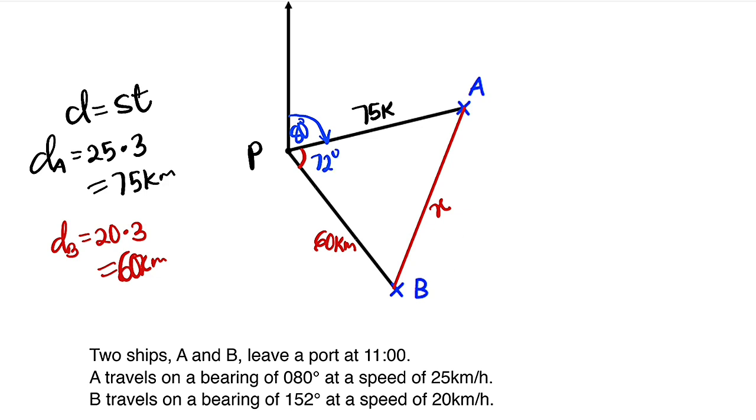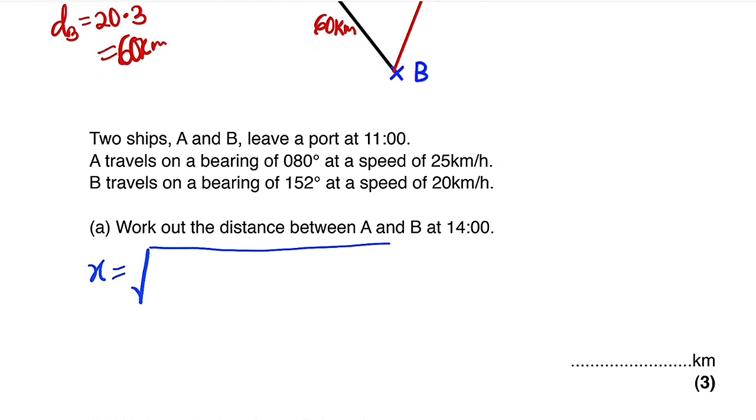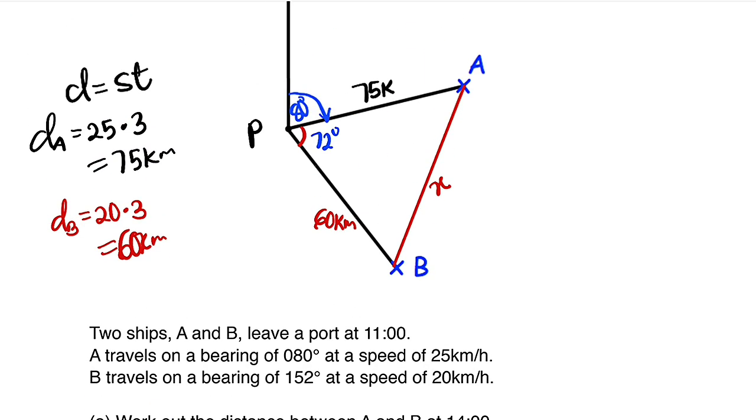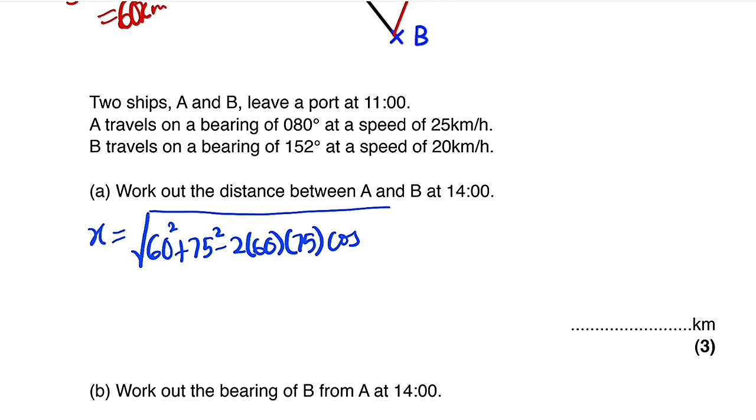So you can see that we can now confidently use the cosine rule to find x. So x equals the square root of 60 squared plus 75 squared minus 2 multiplied by 60 multiplied by 75 multiplied by cosine of that angle, which is 72 degrees.